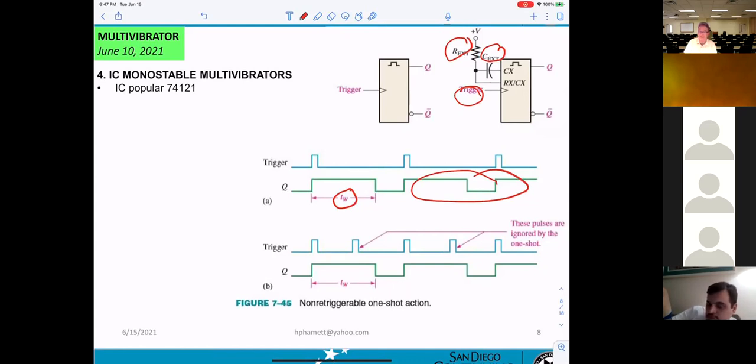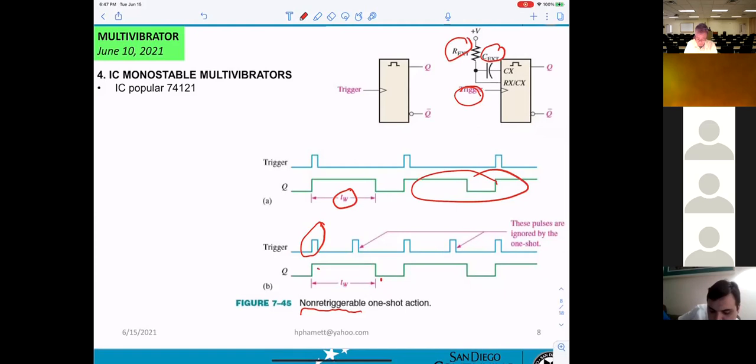And now, what does it mean when they say non-retriggerable? You can see for your design, when it gets triggered right here, the output will be high, then here it goes low.